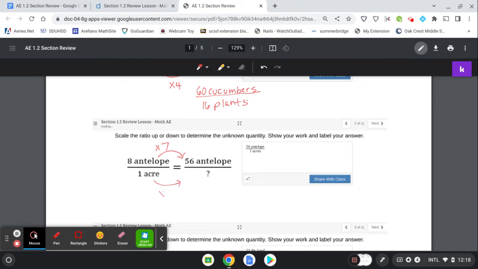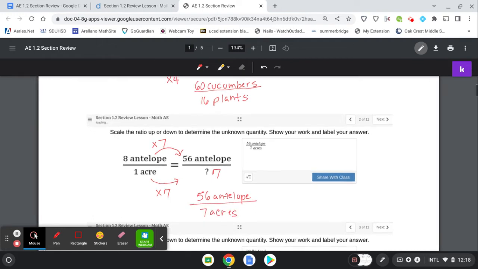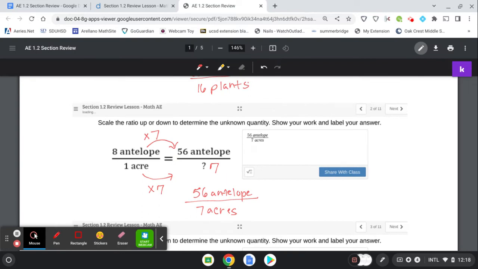So multiply 1 times 7, and that would be 7. So the answer would be 56 antelope to 7 acres. So you want to type that in your text box and share your answer with class.